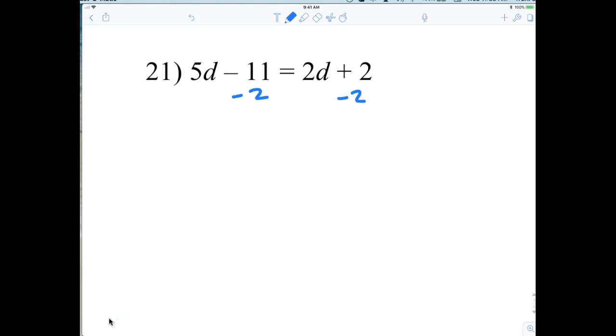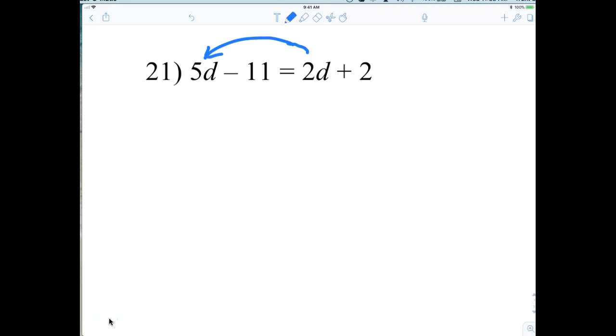Look up on the board. So the next thing to make you smarter is I always try to tell kids to make the variables positive. If I move the 5 over, do you understand the variable becomes what? You with me? So do you agree it would be better to move the 2D over because now it stays positive? You with me on this? All right, so let's go ahead and do that. I think that's a good idea.